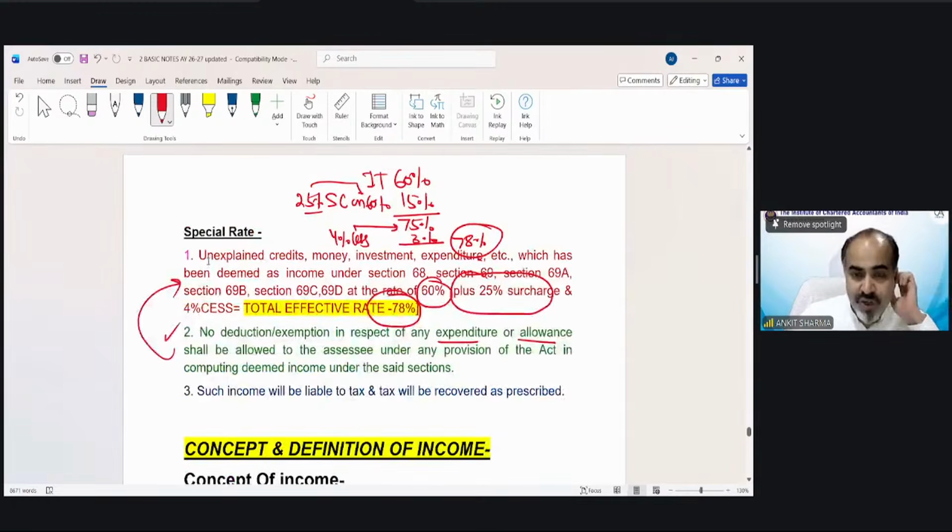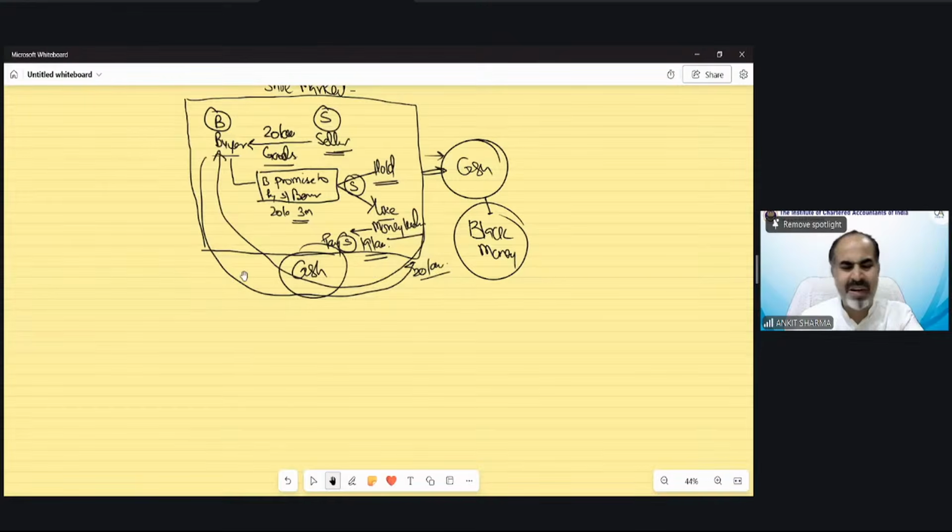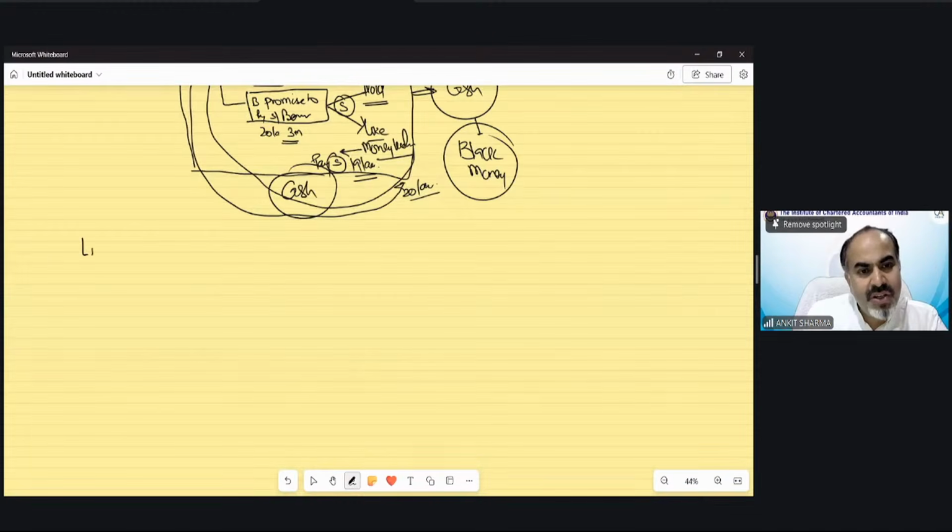Now the definition of local authority and artificial judicial person. Let's discuss that. Very simple definition. Now what is local authority?